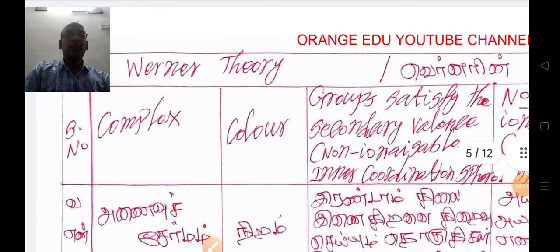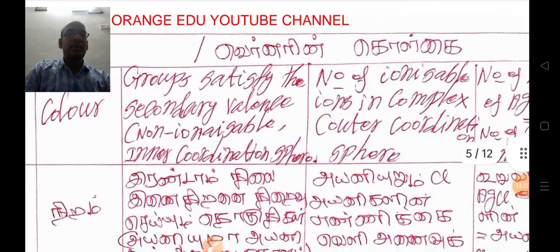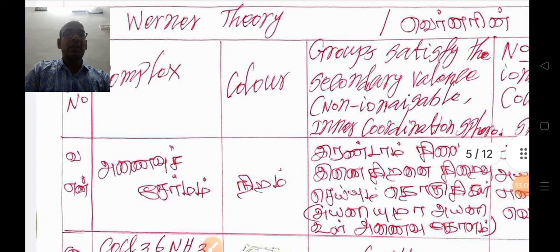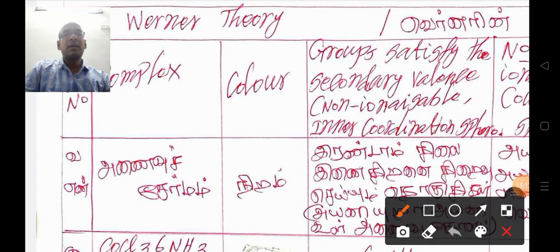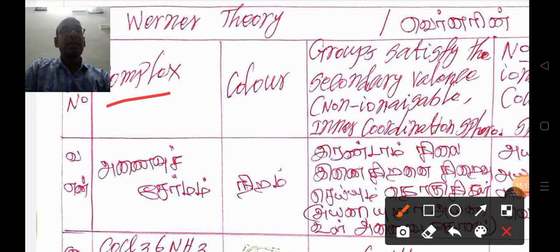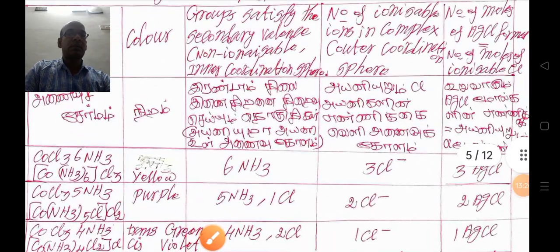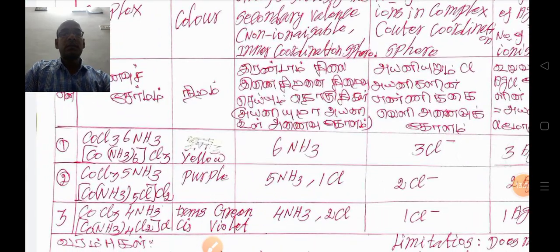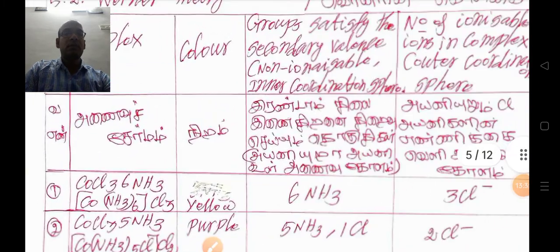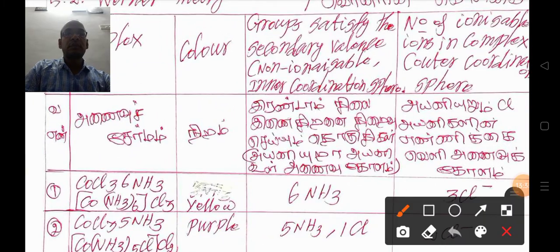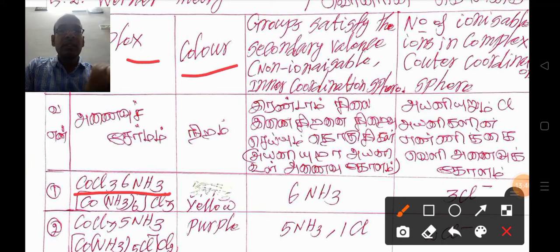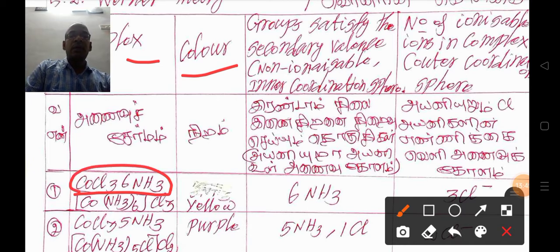Now, Werner theory, complex ion, for example, complex ion color. In the book, this formula is given.